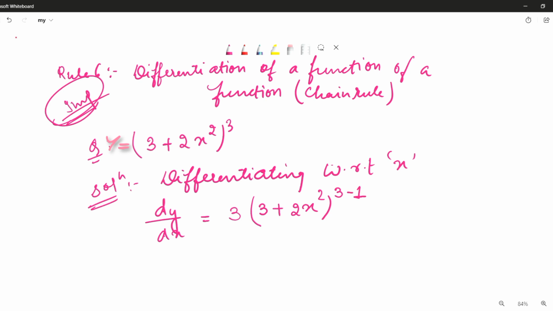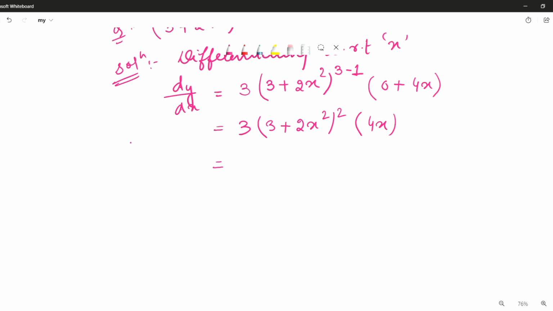So now the value which is inside the bracket will be differentiated. That will be 0 plus 4x. Okay. So now solve this. 3, this will be constant, 3 plus 2x to the power square whole square, 4x. So now 4x will get multiplied with 3. That will be 12x, 3 plus 2x to the power square whole square.